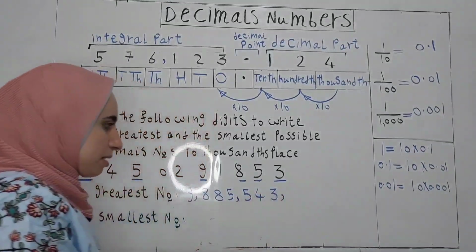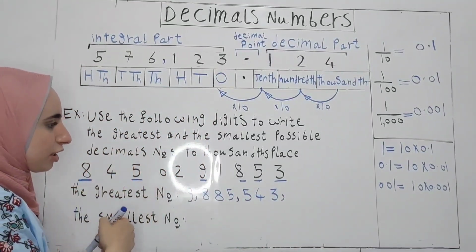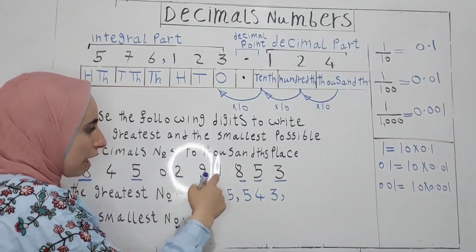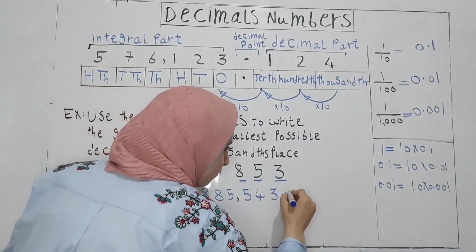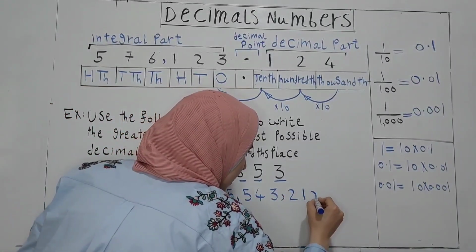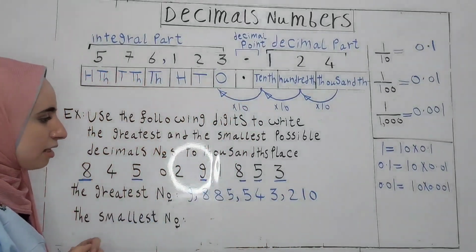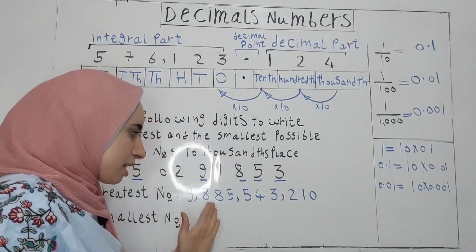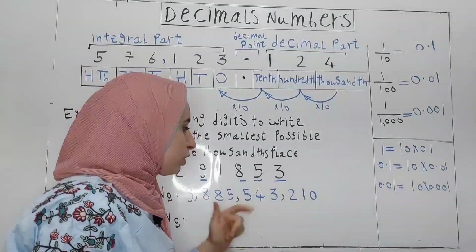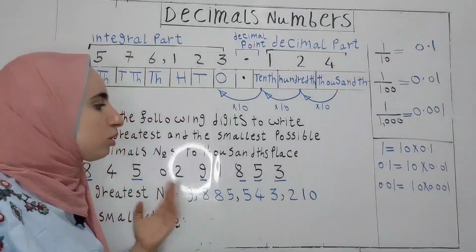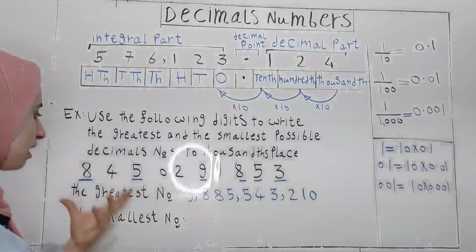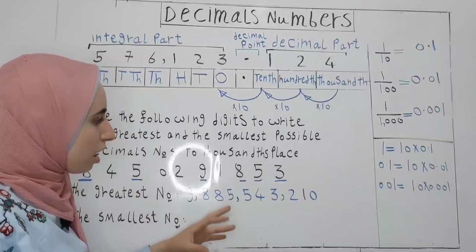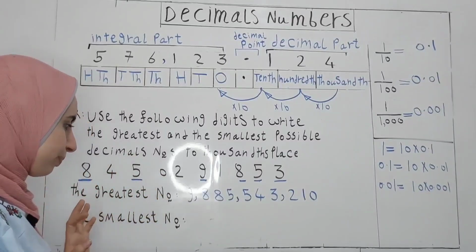We make a comma. The next digit is 2, then 1, then 0. 9,885,543,210 is the largest number that consists of these digits.